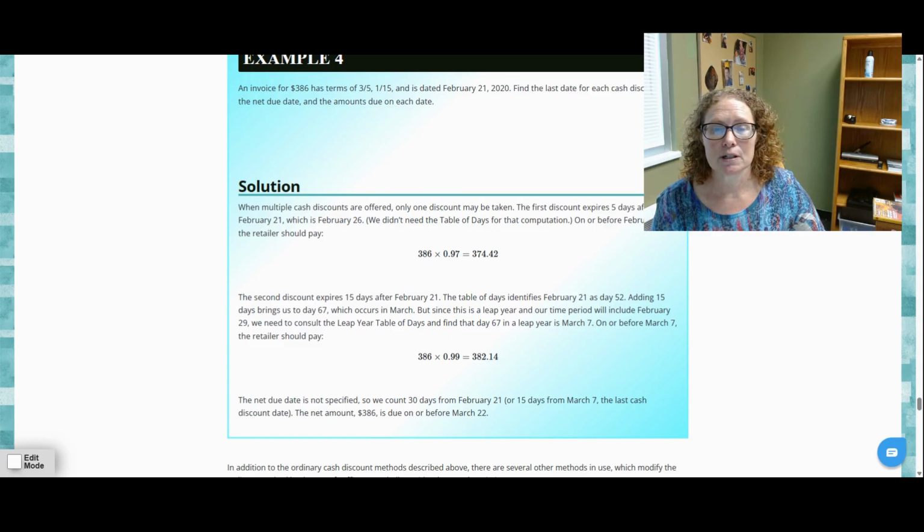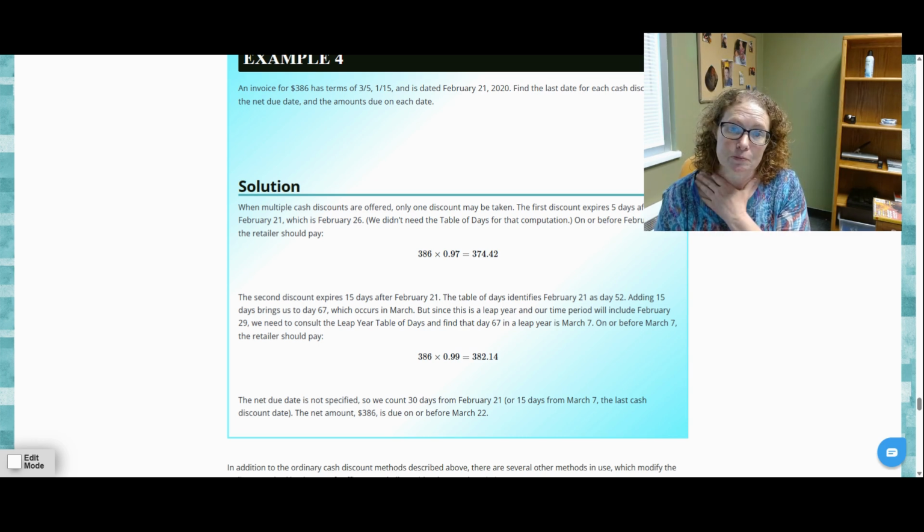Looking at the 3/5, we know that it's 3% and it's for 5 days. So the discount expires 5 days after February 21st. That's February 26th. We don't need the table of days for that one, because we know it's within 5 days.